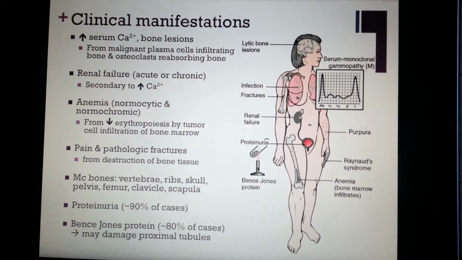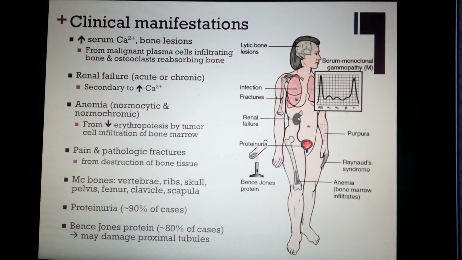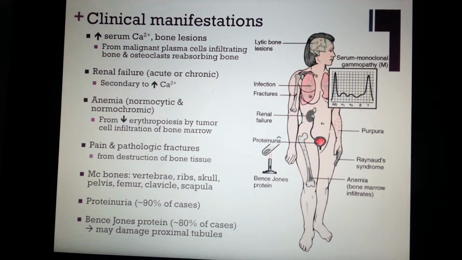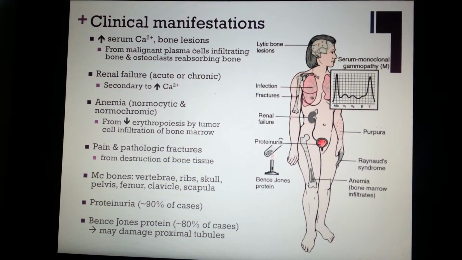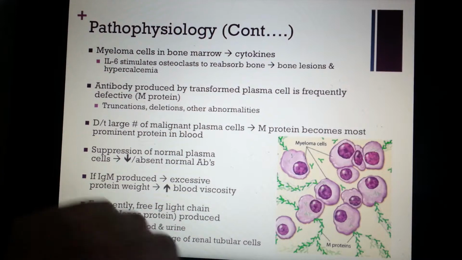We talked about that. Renal failure can be acute or chronic, which is secondary to the hypercalcemia, which we said occurs because the calcium leads into the renal tubular failure, as we saw down over there.